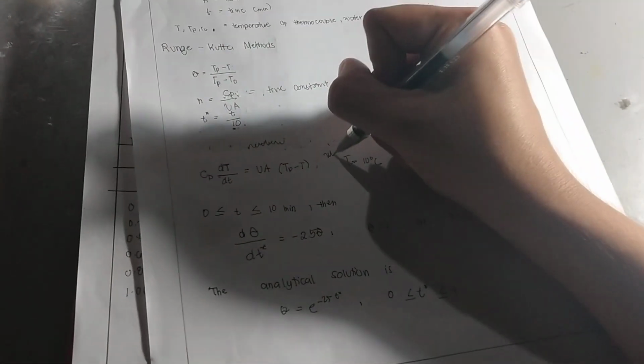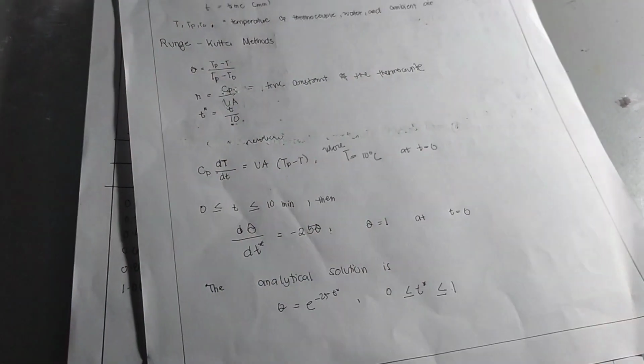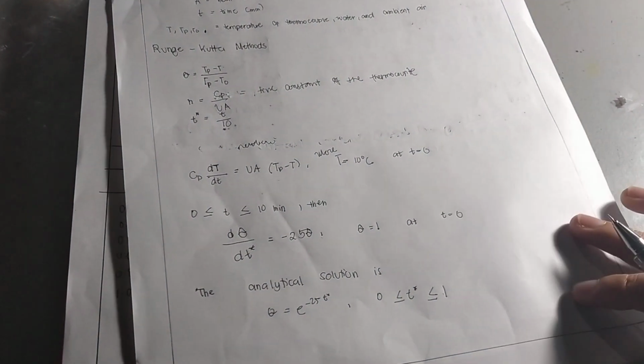So the temperature is 10 degrees Celsius at time equals 0.